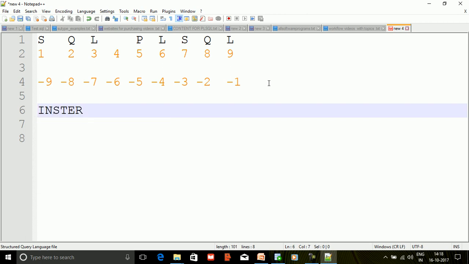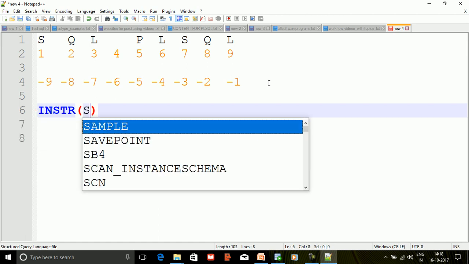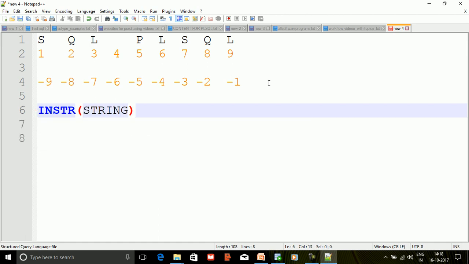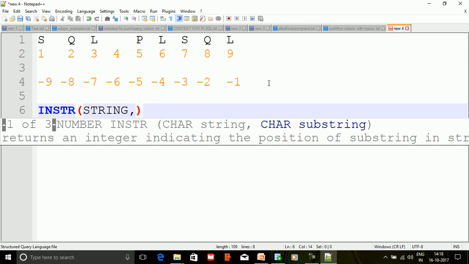INSTR, what is the syntax? The first parameter is the string, which is mandatory. Next, INSTR has the second parameter, the substring. Any string, any letter you can give. Next, the third one is the start position, from which position you want to check.